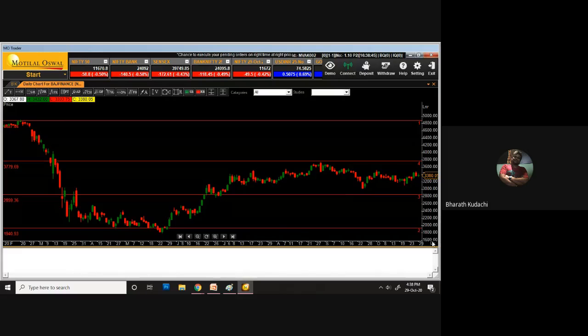I am viewing a day chart, meaning each candle is one day here. From the 7th month till today, the market is within one single range. Once it gives a breakout here, meaning if the market price crosses my resistance, then it will go to the above level.